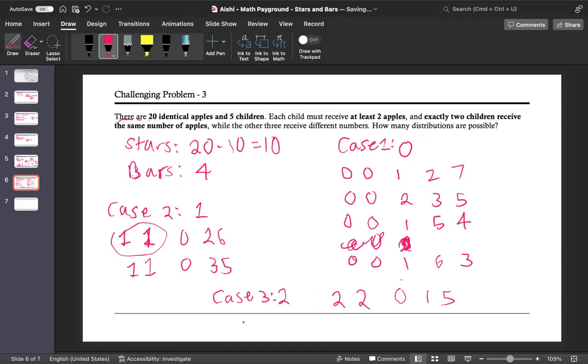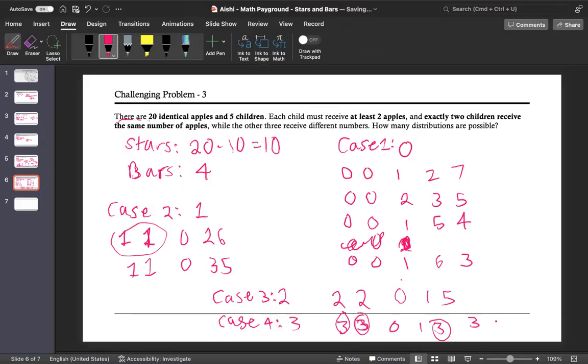Now, let's see if we can have a case 4. Case 4 would be where the repeated number is 3. So 3, 3. Now the other 3 numbers have to add up to 4 and they have to be different. So 0, 1, 3 wouldn't work because it says exactly 2 children receive the same number of apples, and there's 3 threes, so that wouldn't work.